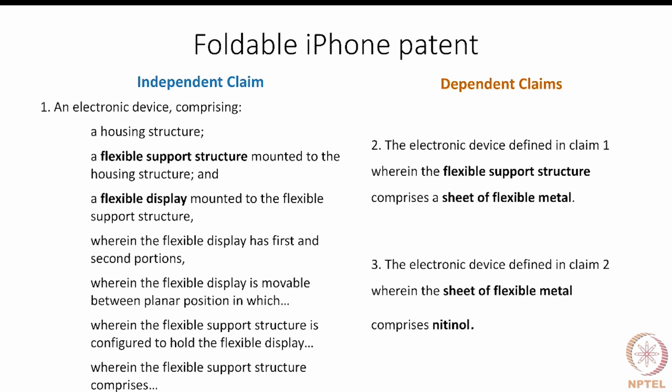You have the broadest claim on top, a dependent claim that is narrower than that underneath, and further another dependent claim at the bottom which is narrower than the earlier dependent claim. So you can see how the limitations are brought in. In claim 1, there is a flexible support structure that is introduced. In claim 2, the flexible support structure is now referred to or confined to a sheet of flexible metal. And in claim 3, the flexible metal comprises nitinol.